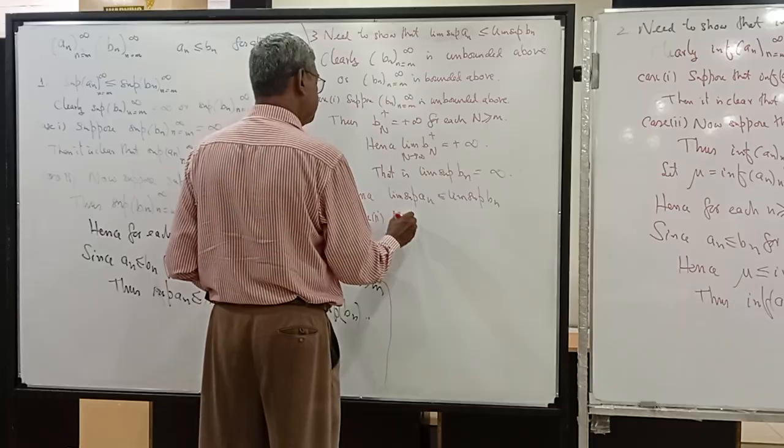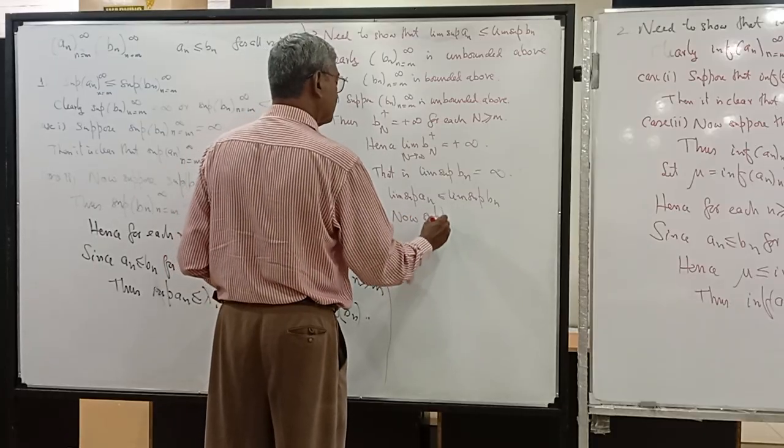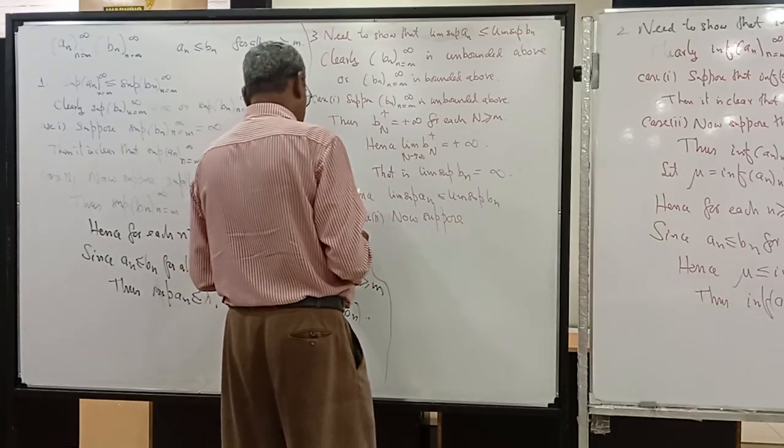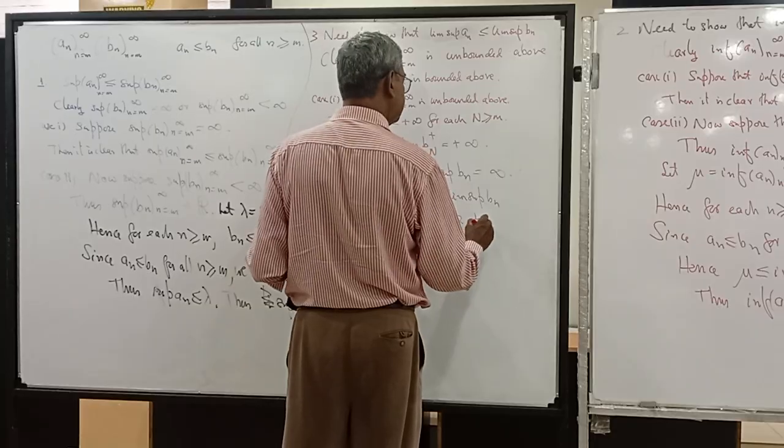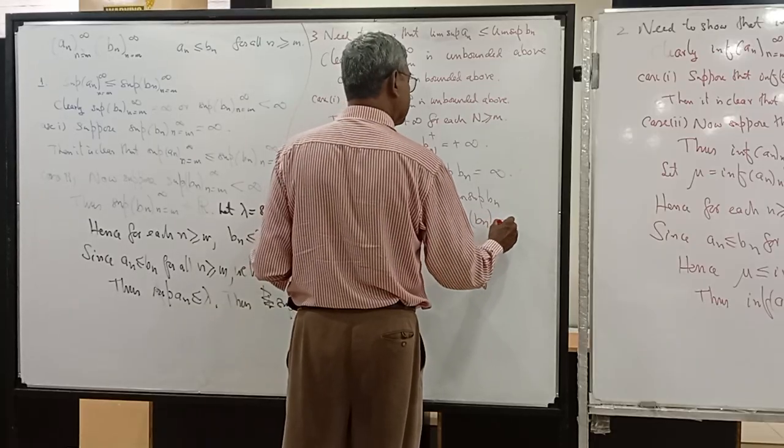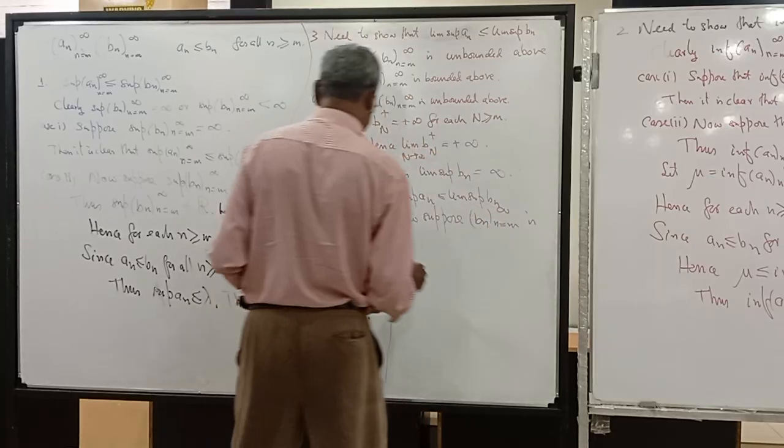Now suppose Bn, n going from n to infinity, is bounded above.